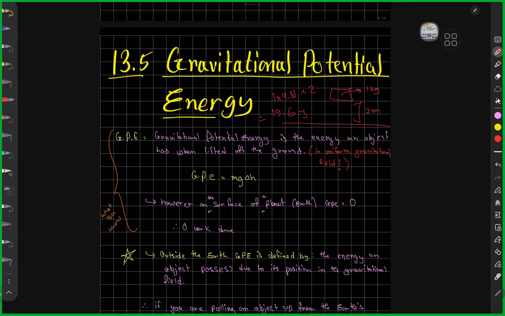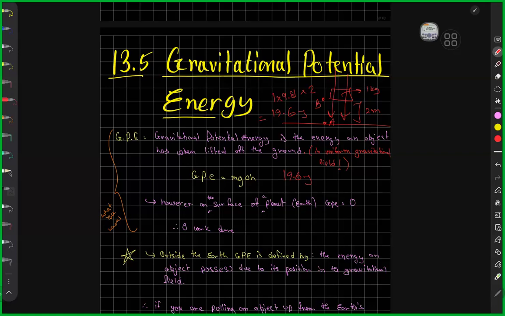By going from point A to point B, this is indeed the gain of gravitational potential energy, but 19.6 joules is not the gravitational potential energy of this object. No, it is the change or the gain of potential energy that the object went through as I pushed it against gravitational fields. So there are gravitational fields, attractive fields between the object and the Earth.